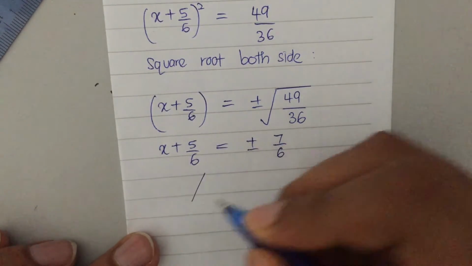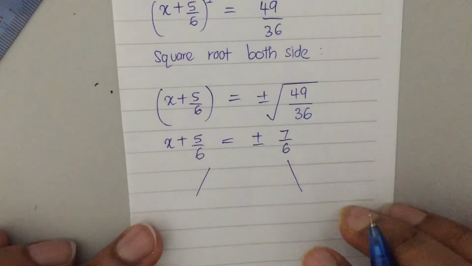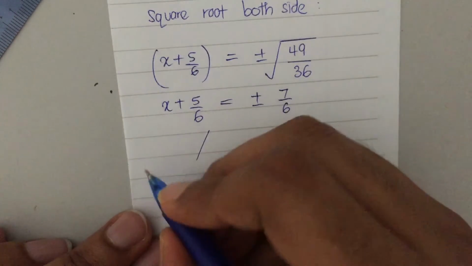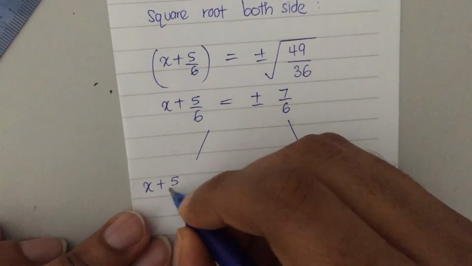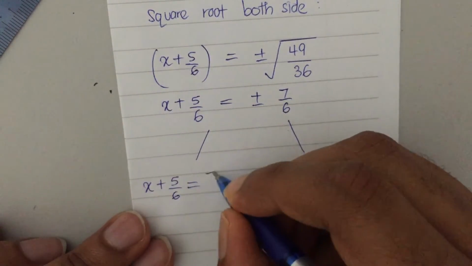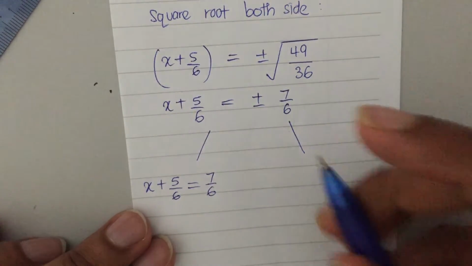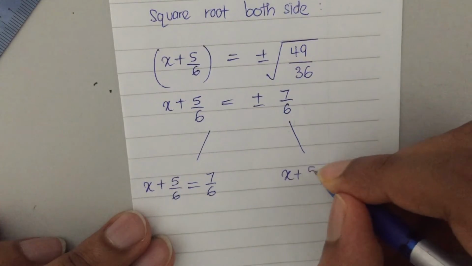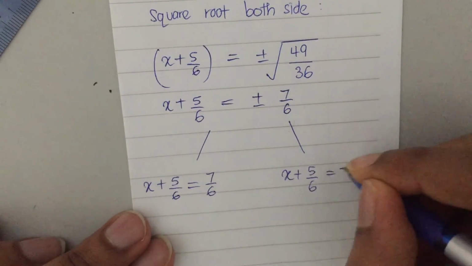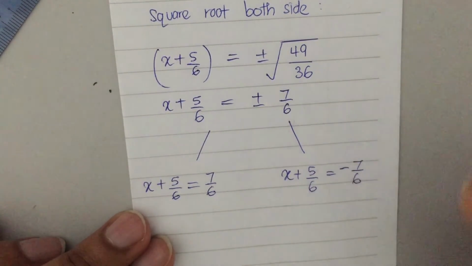Let me show this concurrently. In the first set of solution, x plus 5 over 6 will be equals to 7 over 6, which is a positive value. Whereas for the second working, x plus 5 over 6 will be equals to negative 7 over 6.